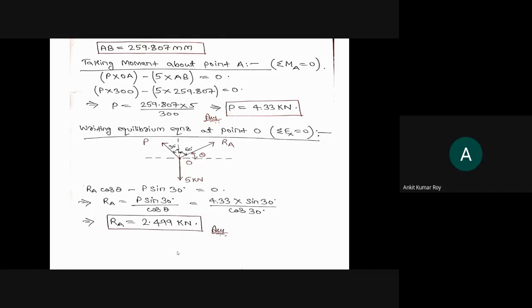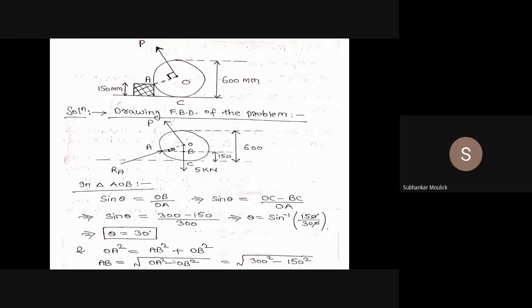Now, since what I need to find out is the minimum value of force P such that this wheel will topple. Topple means this wheel will move towards point A. That is the meaning of topple.